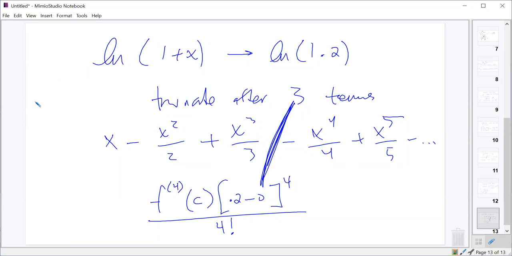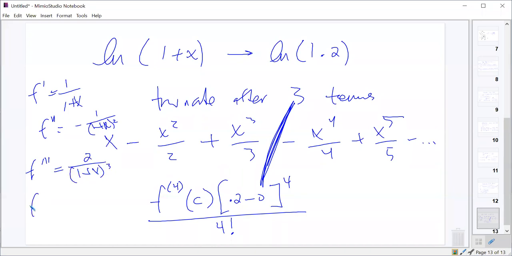If f is ln of 1 plus x, f prime ought to be 1 over 1 plus x. f double prime ought to be negative 1 over 1 plus x squared. f triple prime ought to be, let's see here, flip that negative, that becomes 2 over 1 plus x to the 3rd. And then the 4th derivative becomes negative 6 over 1 plus x to the 4th.